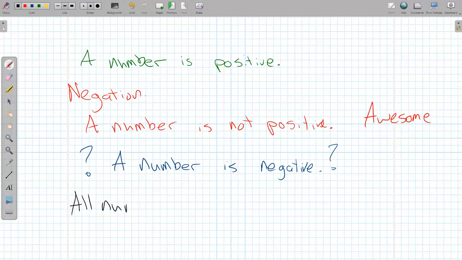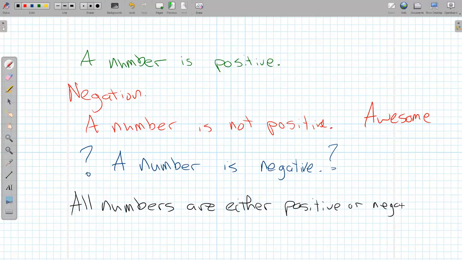All numbers are either positive or negative. So if this black statement I wrote is true, then the opposite of a positive would be a negative, so not positive is negative, so this blue statement should be an adequate negation.